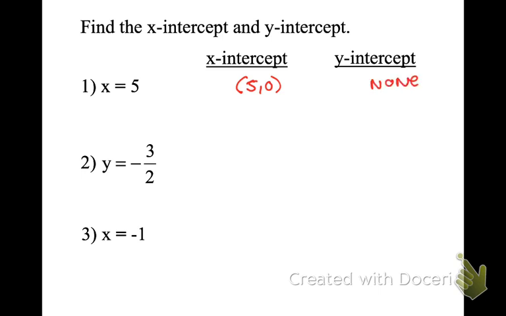Okay, what is the x-intercept? None. And what is the y-intercept? 0, negative 3 over 2. What about the next one? Negative 1, 0. And what about the y-intercept? None. Okay, let's keep going.